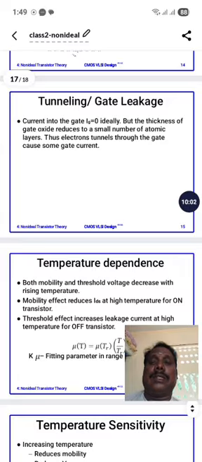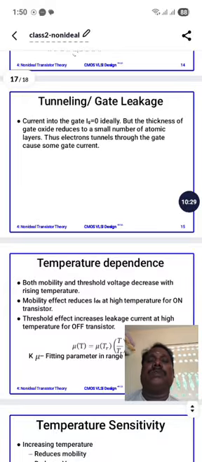It is just like a cave, which means that something is penetrating into the substrate. It means current into the gate. Initially the gate current is ideally zero, but the thickness of the gate oxide reduces to a smaller number of atomic layers. Thus the electrons tunnel into the gate and cause some gate current.